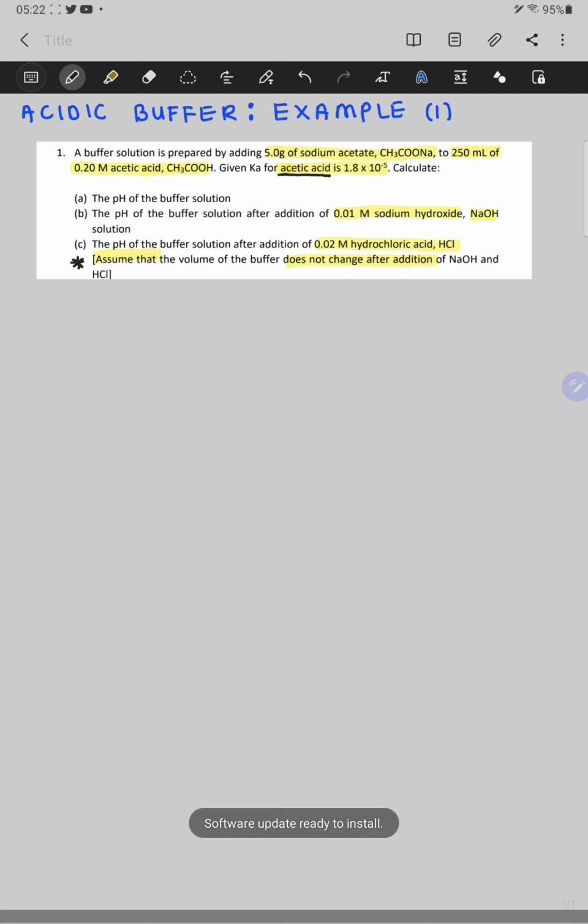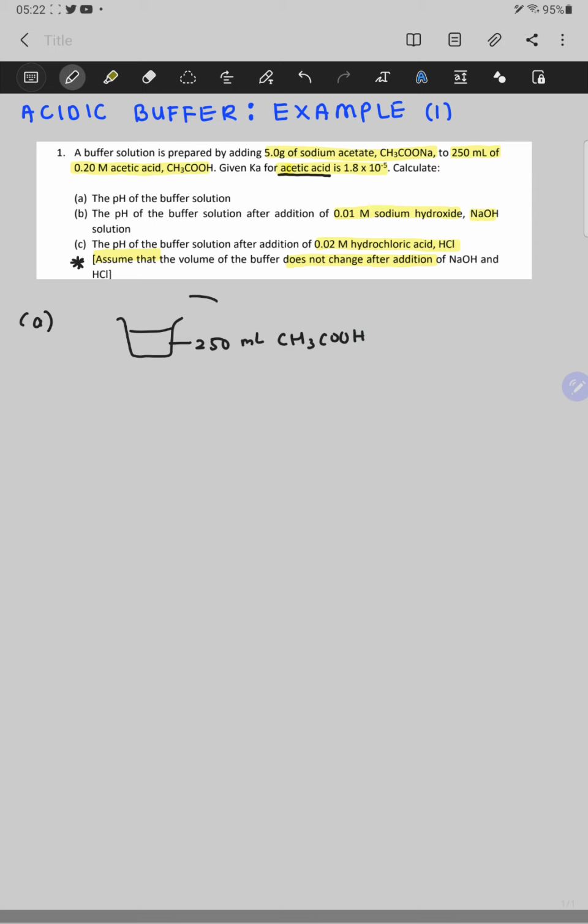Right? Okay, so for the first question A, kita nak cari pH of the buffer solution. So right now inside this beaker, you have 250 ml of weak acid CH3COOH. Okay, and then in order to produce the buffer, you guys tambah 5 gram of salt.